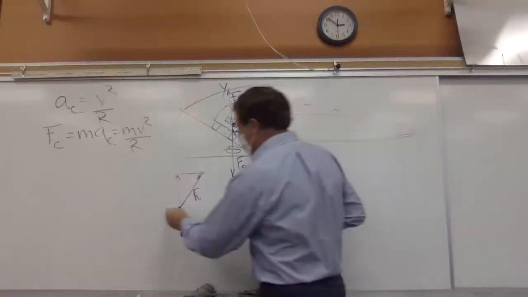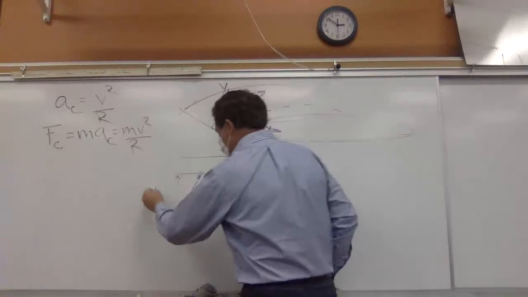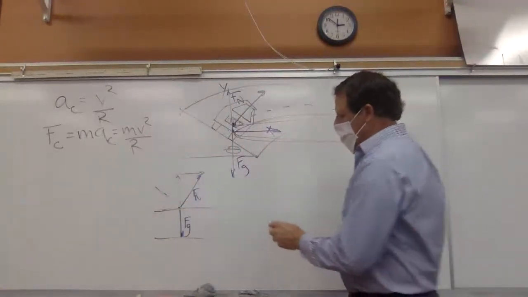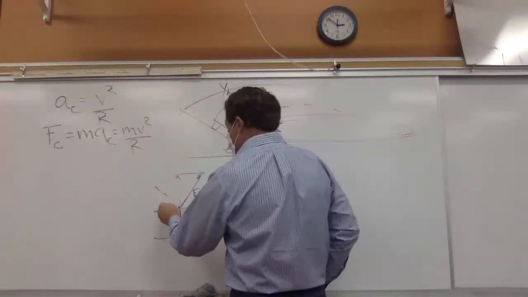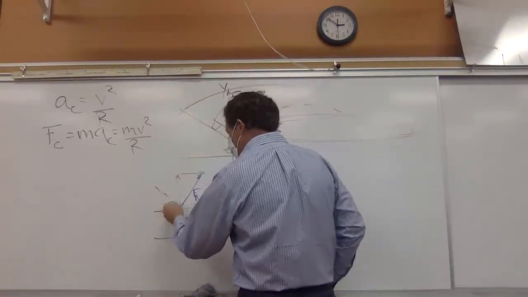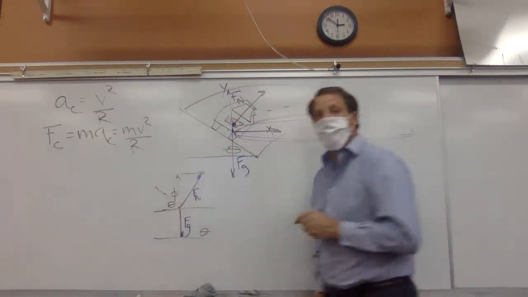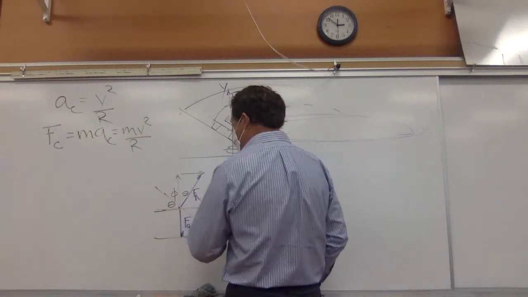Okay, now let's think about what that angle is. If this angle right here is theta, then this angle right here is theta, and this angle right here is phi, and then this angle right here would be theta.